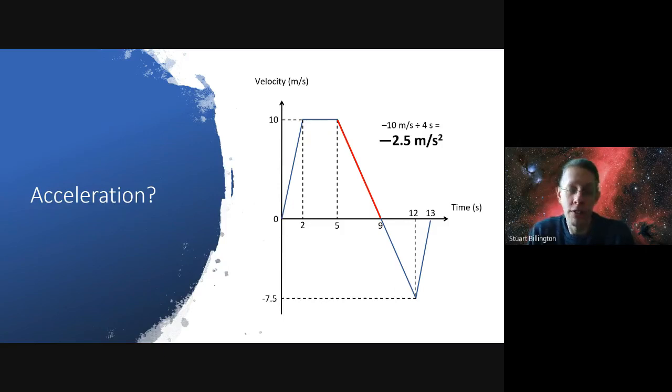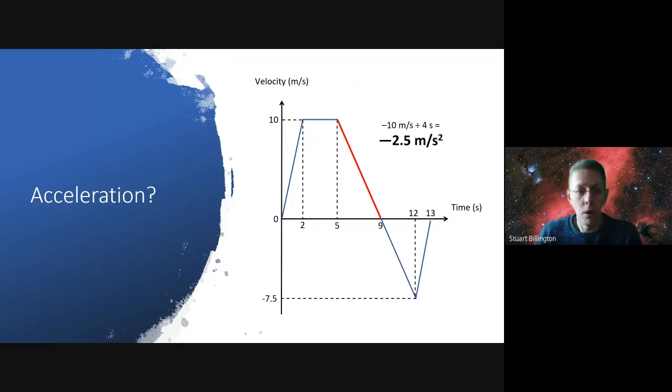So the change in velocity is not 10, it's minus 10. It was traveling at a positive speed, now it's traveling at 0. Its change in velocity is a reduction of 10. So when you do the change in velocity divided by time, the change in velocity is minus 10. The time is 4, so minus 10 divided by 4 is 2.5, but it's minus 2.5.